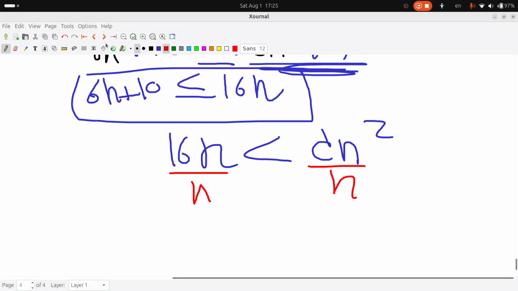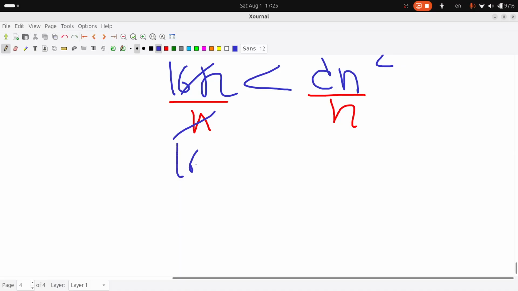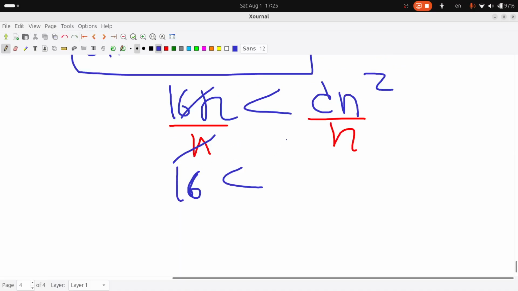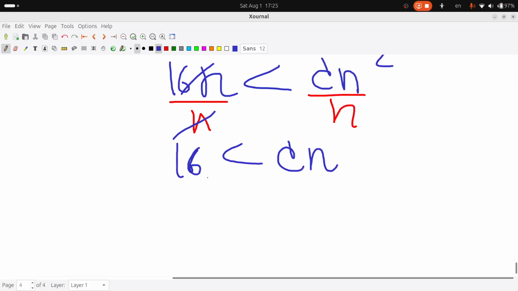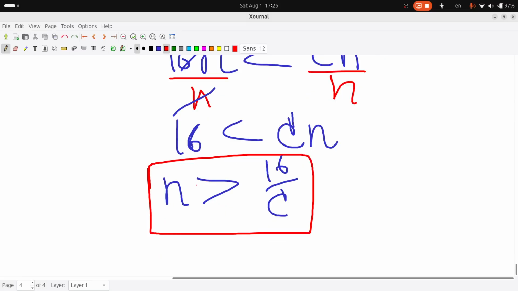We divide by n on both sides, and we write that 16 is less than cn, and we leave n alone: n is greater than 16 divided by c, so we can isolate n, and we got this inequality, that is n is greater than 16 divided by the constant c.